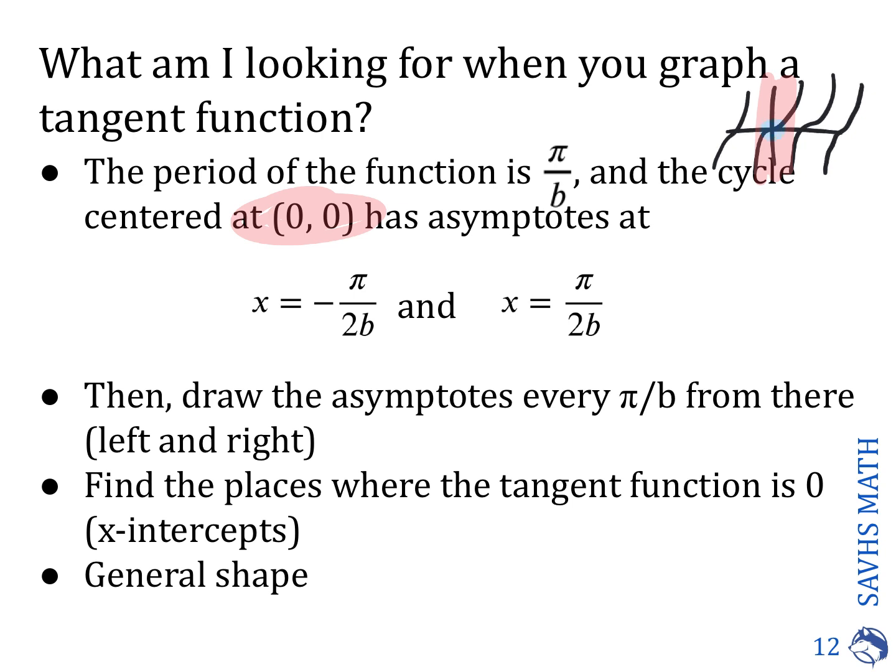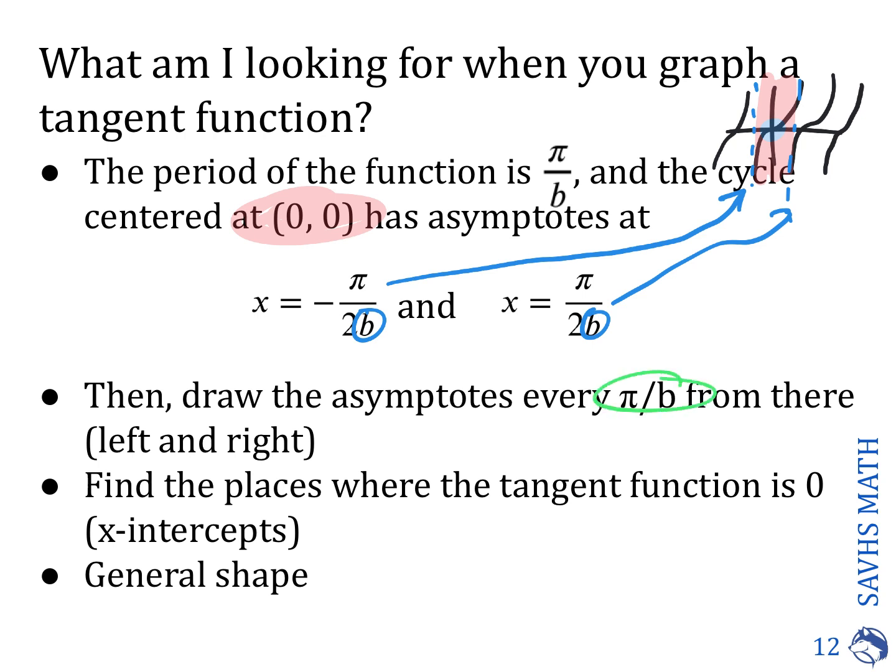Normally our asymptotes are at negative pi over 2 and pi over 2, but we can put this little b in the denominator, which allows us to scale that asymptote left and right if we need to. So our first two asymptotes are at negative pi over 2b and pi over 2b, and that just helps us find those two spots on the graph.